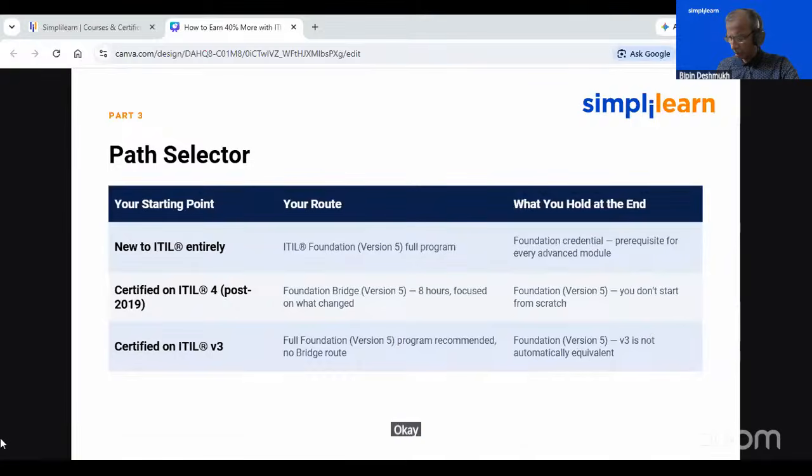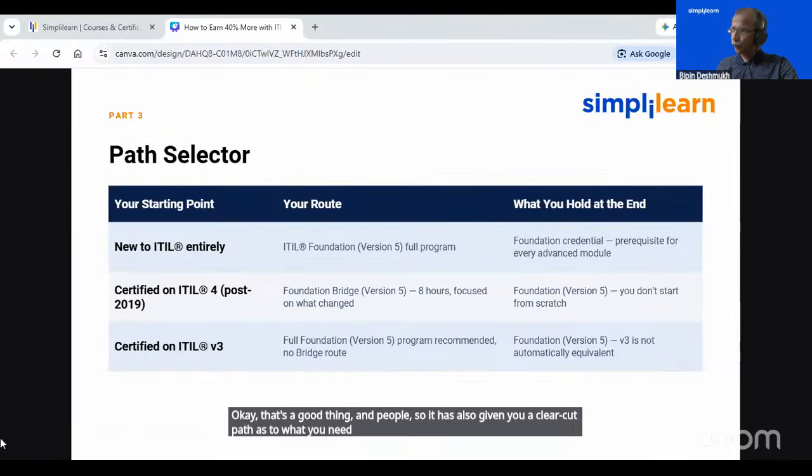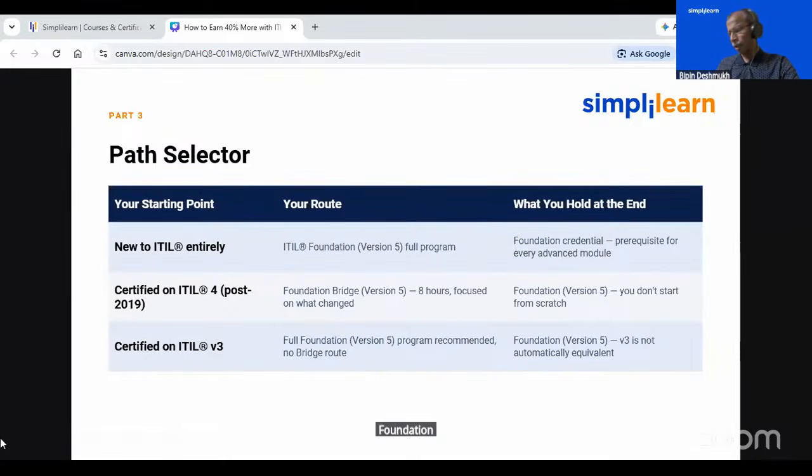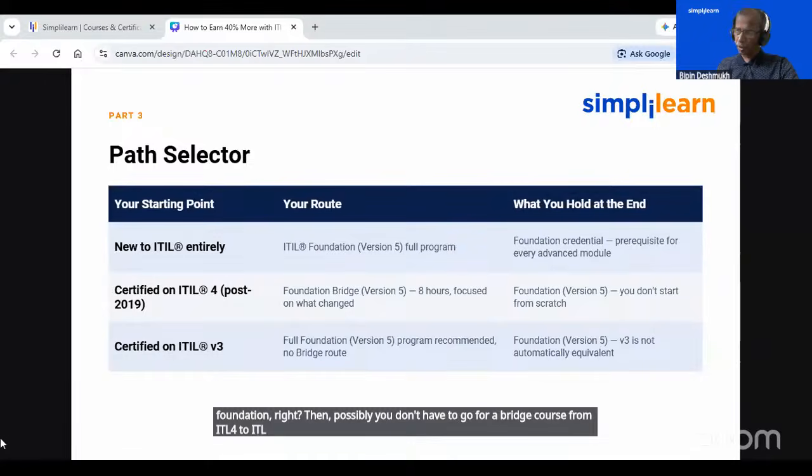Okay, that's a good question. PeopleCert has also given you a clear-cut path as to what you need to do. If you are earlier than ITIL version 4 Foundation, then possibly you don't have to go for a bridge course from ITIL 3 to ITIL 4 Foundation. You can directly go for a normal course.